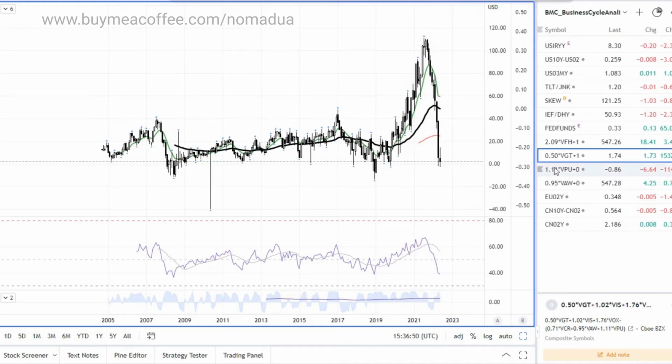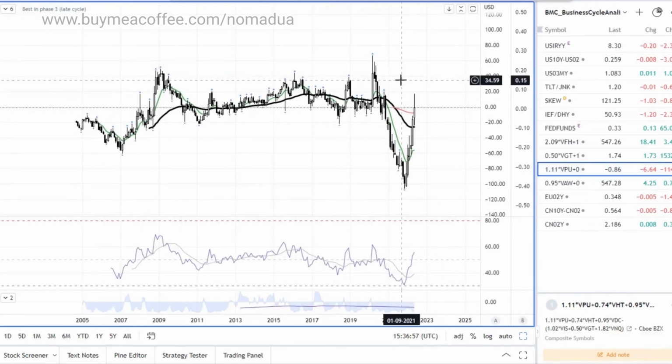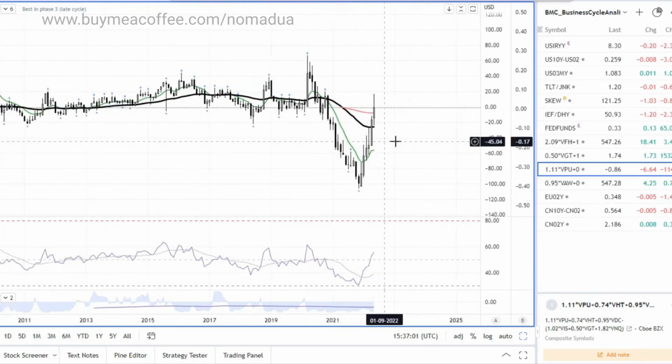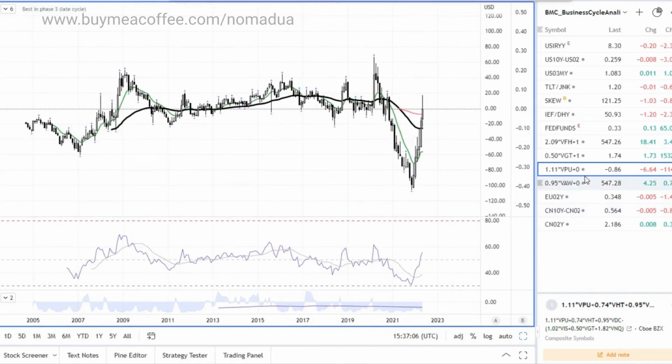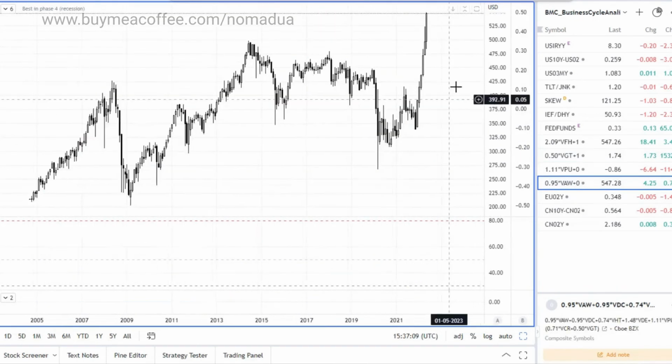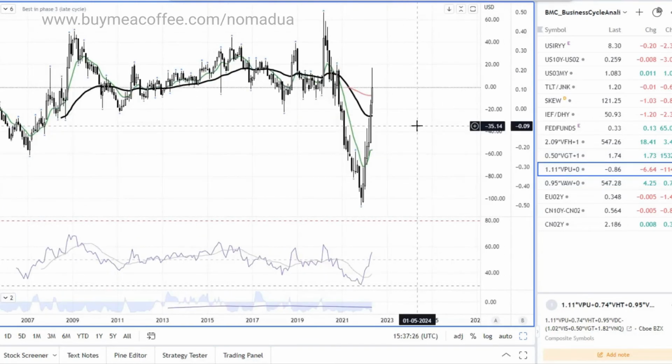And if we look at the stocks that should perform well in the late cycle, you see a huge rise here. The same for the stocks that should perform well in a recession. What this tells me is that we are more in the late cycle than in the middle cycle.